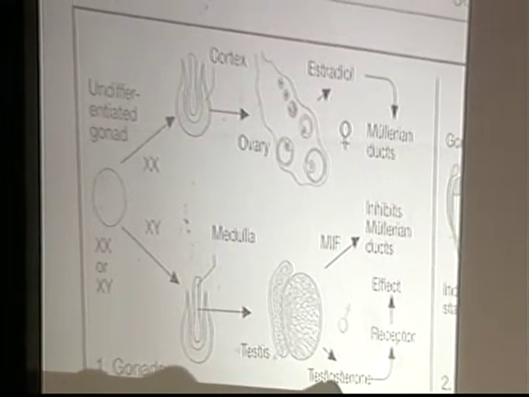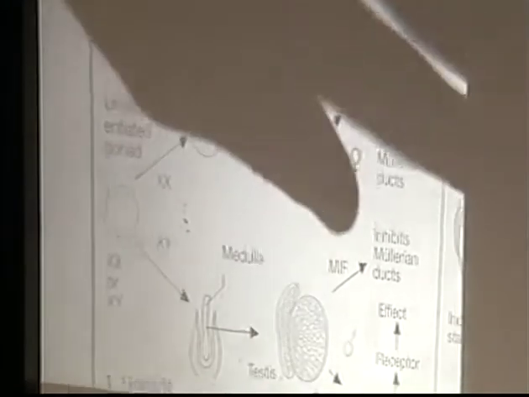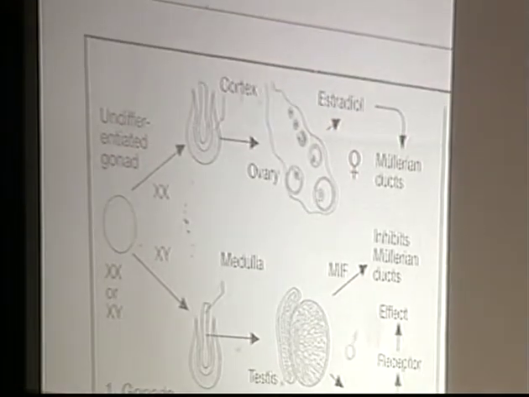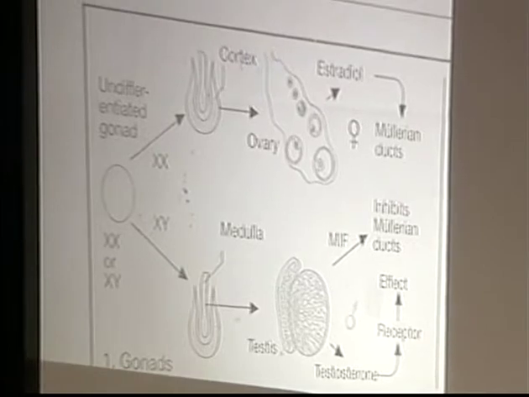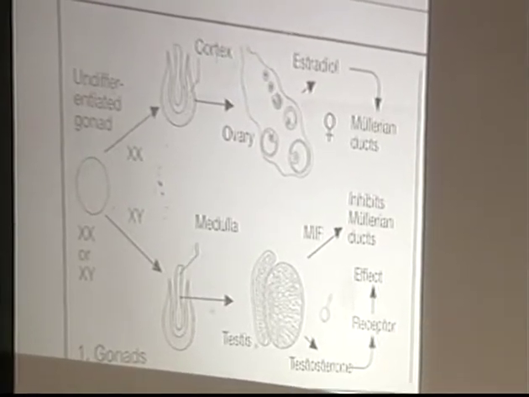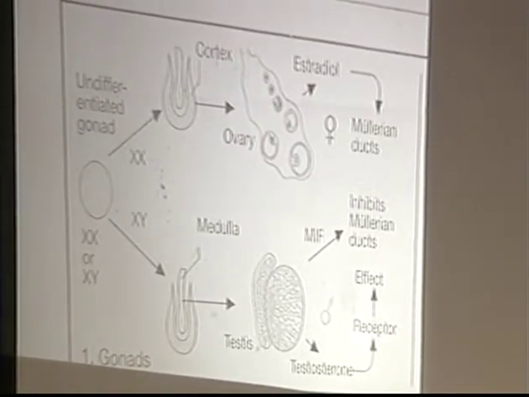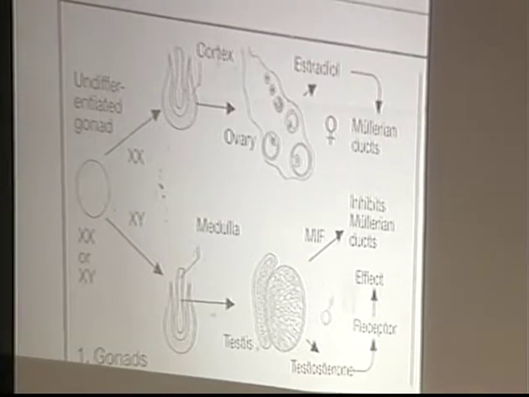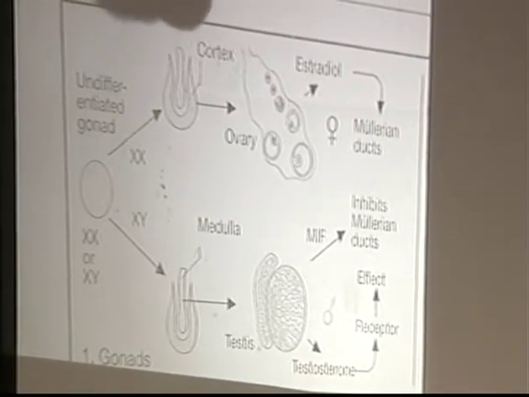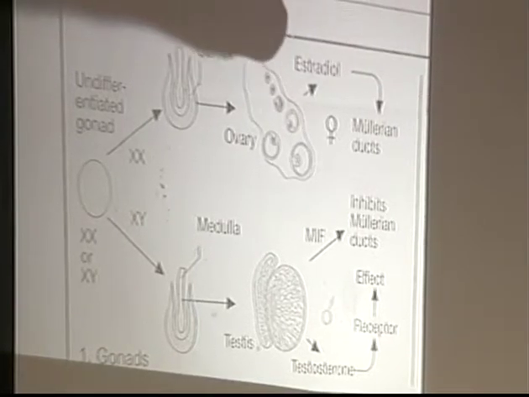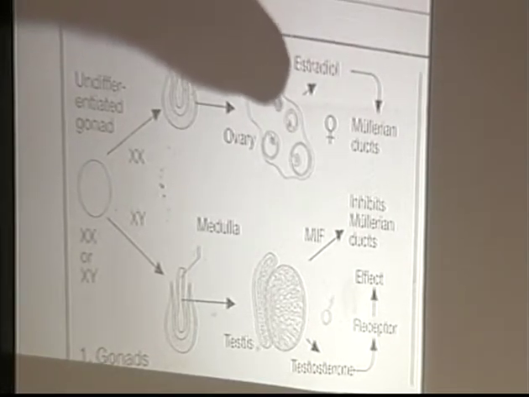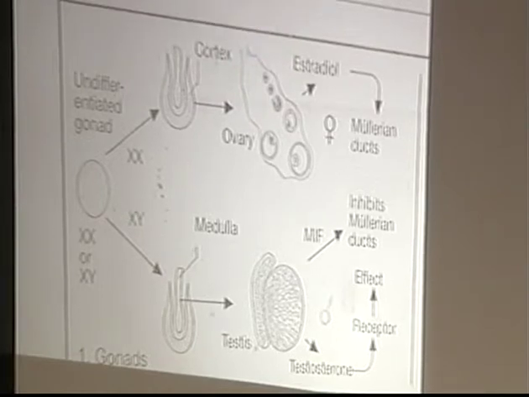It produces testosterone, which signals all of those primary sexual differentiation effects, the sex-specific plumbing, mostly, the development of the external genitals. If, however, the Y is absent, as in this upper part of this figure, that gonad develops as an ovary.